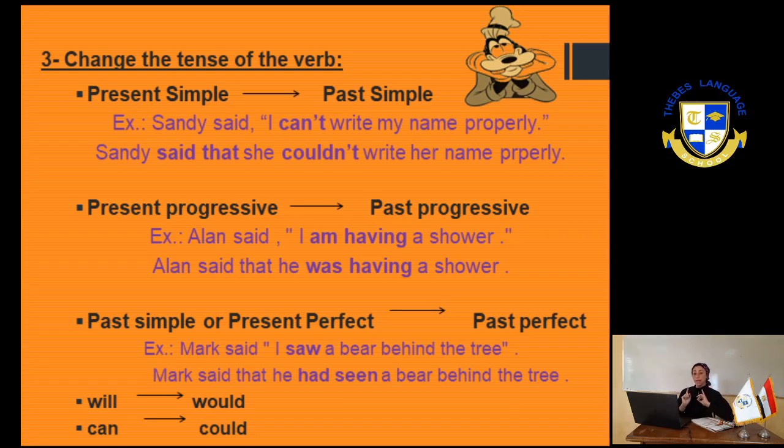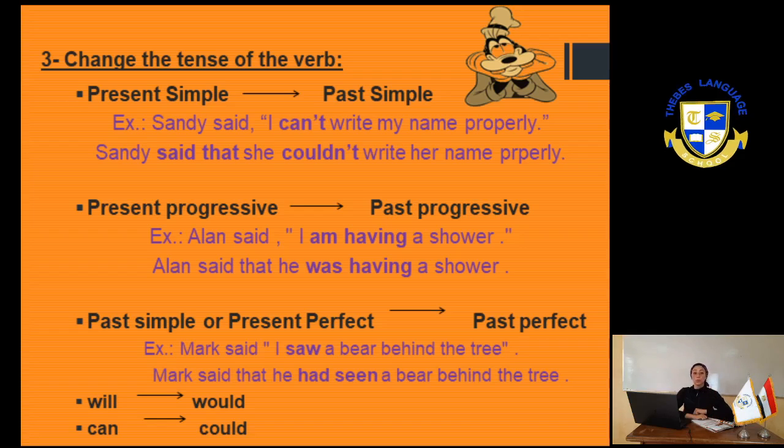Let's do them. Alan, here we are going to use one of the reporting verbs. So Alan said that, and then we removed the quotation marks, that he was having a shower.